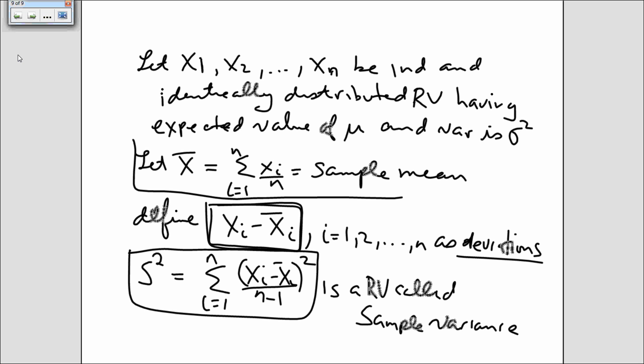Okay. So now, what if we wanted to find the variance of x bar?